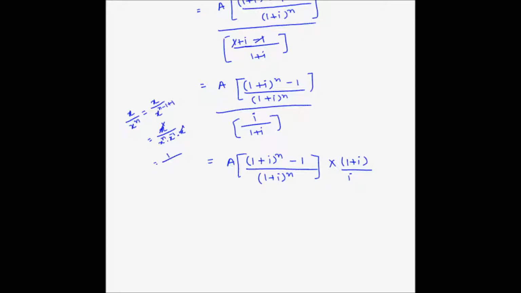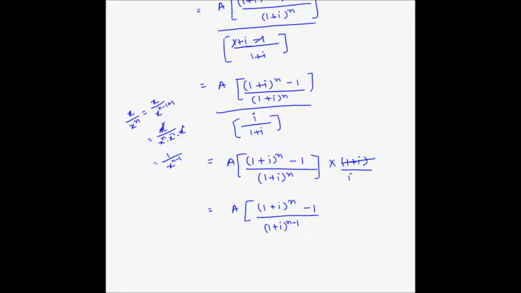so this is 1 divided by x to the power n minus 1. So here this will become 1 plus I to the power n minus 1. A into 1 plus I to the power n minus 1 divided by 1 plus I to the power n minus 1.